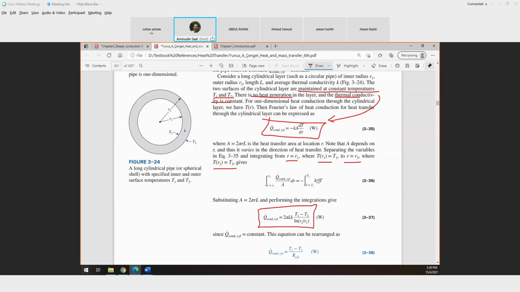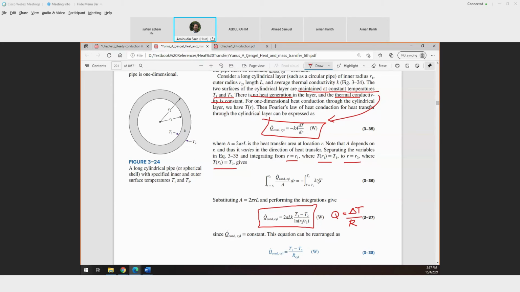This is in terms of the general equation, delta T over R, same as the plane wall.